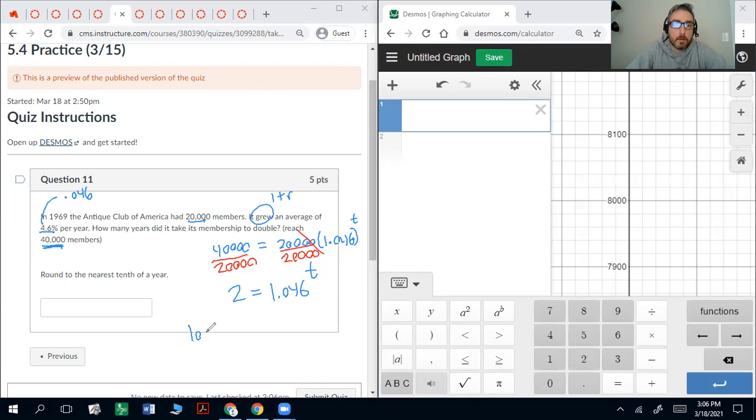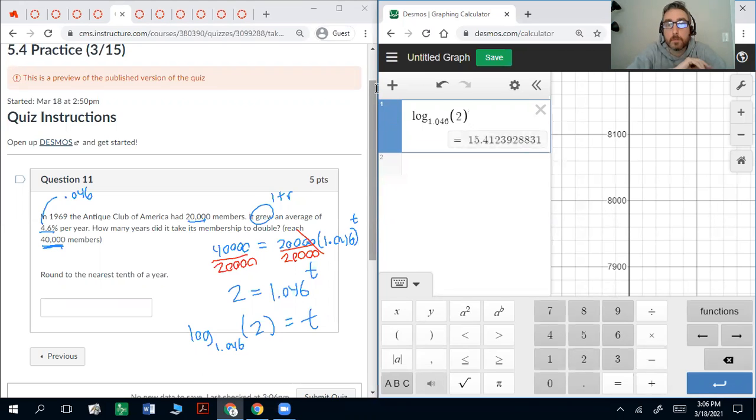And log base 1.046 of 2 equals t. And that's 15.41. So we'll say 15.4. And that is it.